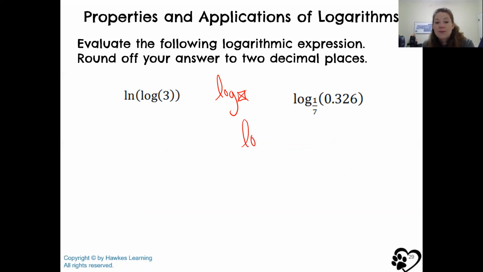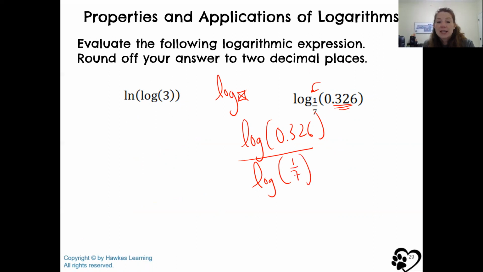You're going to do log of the big number, 0.326, divided by log of the base. And you always have to do that exact format, okay? The numerator is always log of the big number divided by the log of the base. So in my calculator, I'm bringing up my fraction button.